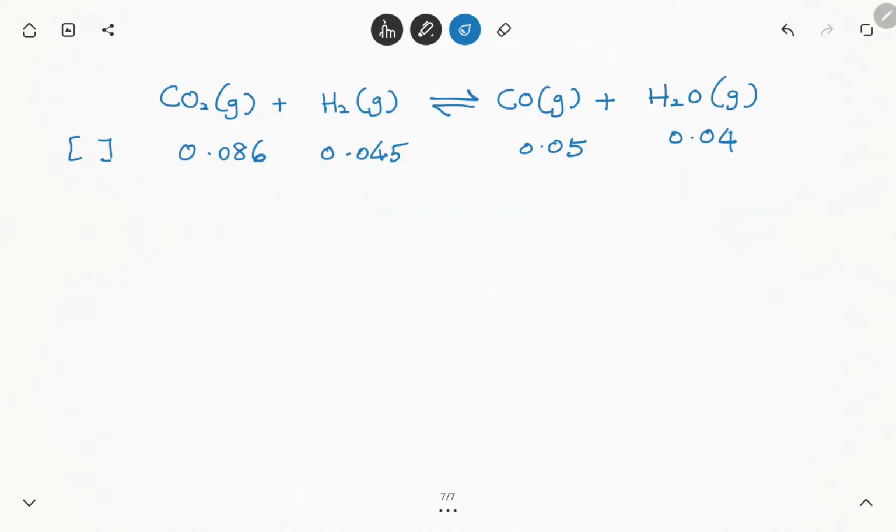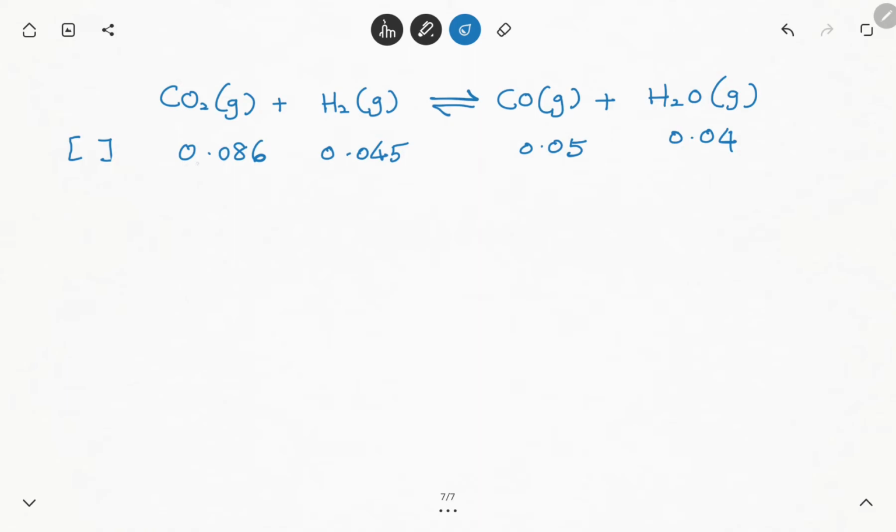Okay, so these are the concentrations of all species given at equilibrium. We have 0.086 molar of CO2, 0.045 molar of H2, 0.05 molar of CO, and 0.04 molar of H2O.